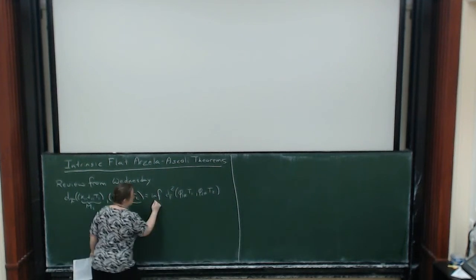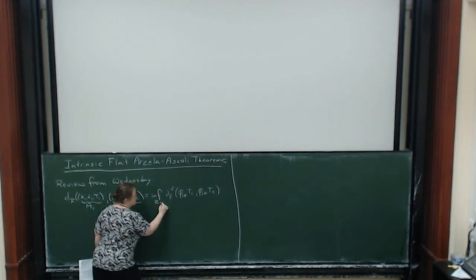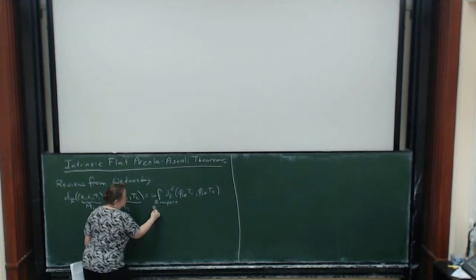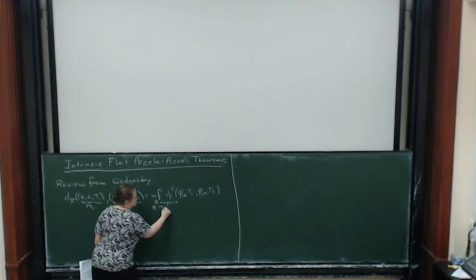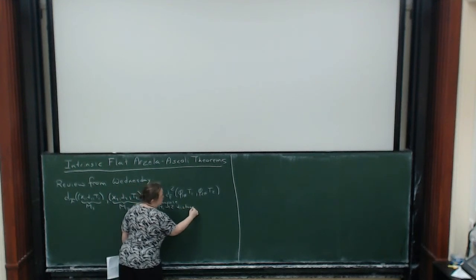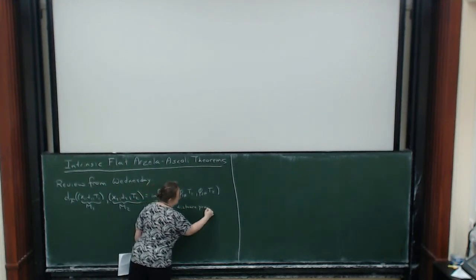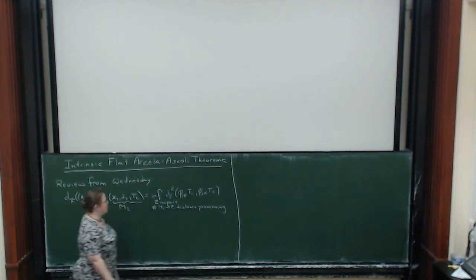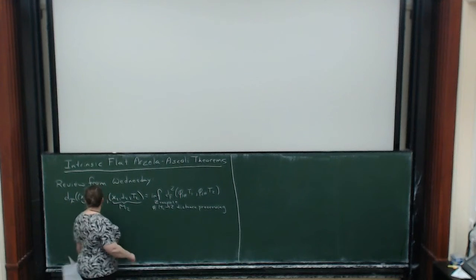The infimum is over the Z's that are complete, and the phi i's from Mi's to Z's that are distance preserving. And that this infimum is actually achieved.